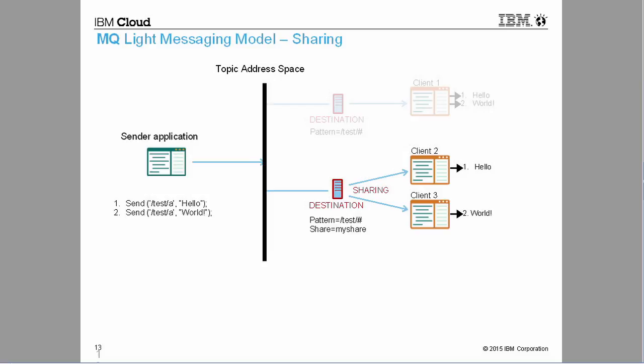Whenever a sender application publishes a message, a piece of the message can be received by client 2 and client 3 in this scenario, based on the sharing ID and the destination pattern that they are subscribing to. This is one of the key patterns also implemented in the messaging world.